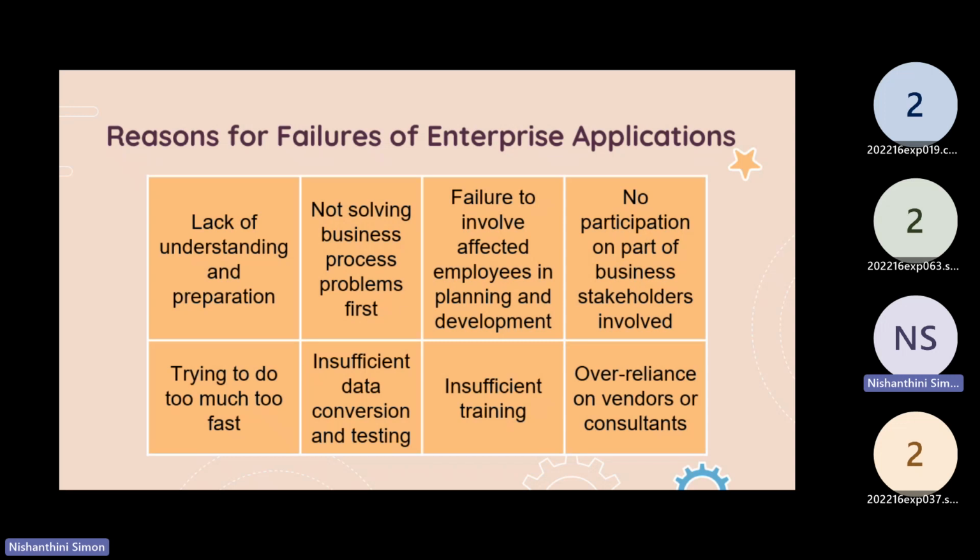So, failure is involving the affected employees in planning and development. When we are going to develop a system, we have to get input from the people who are using the system. Sometimes the top management will get together and decide how we are going to implement the system. But who will really be using it?